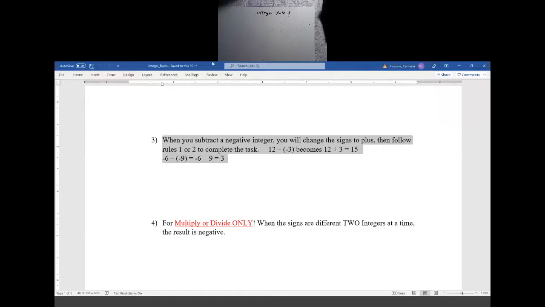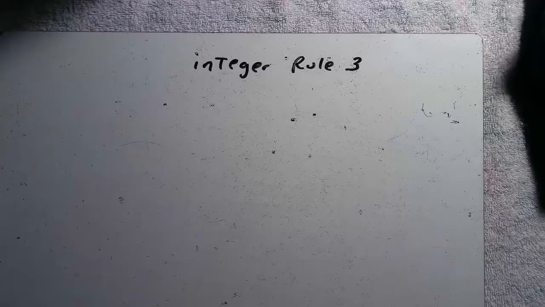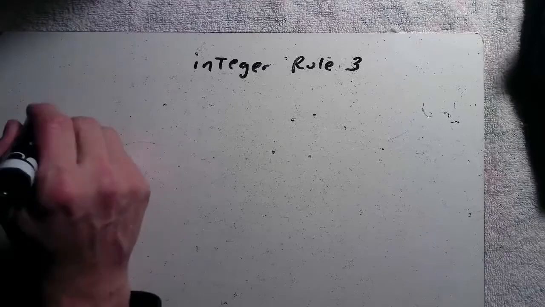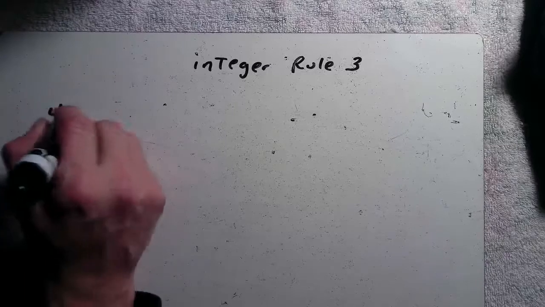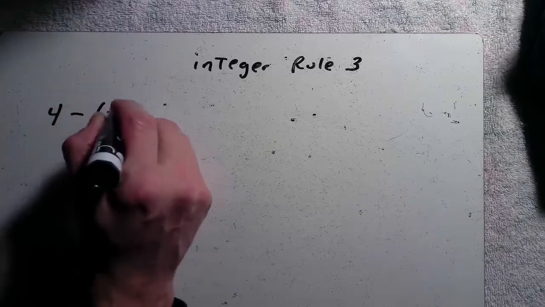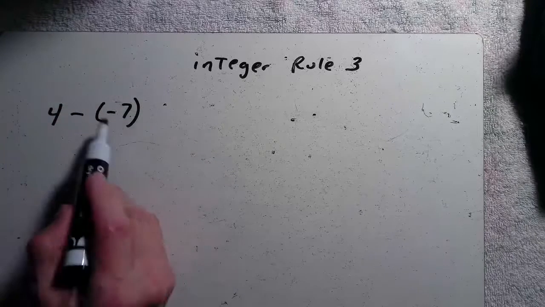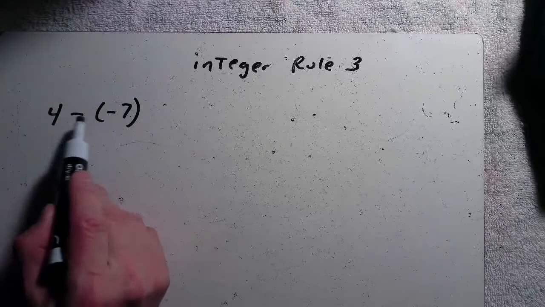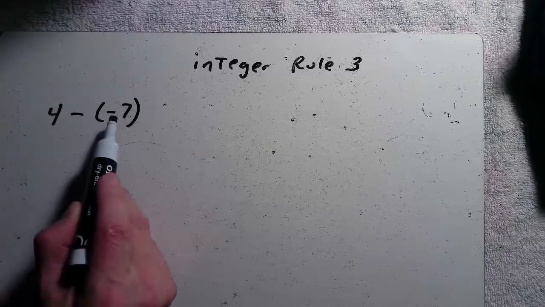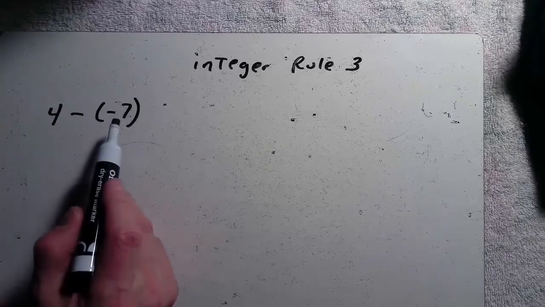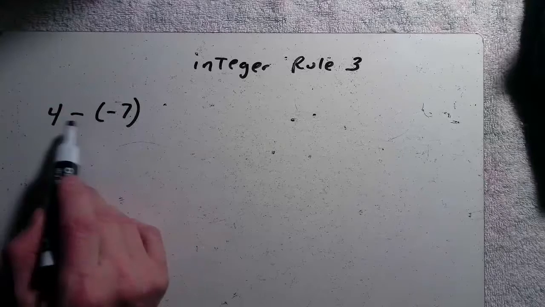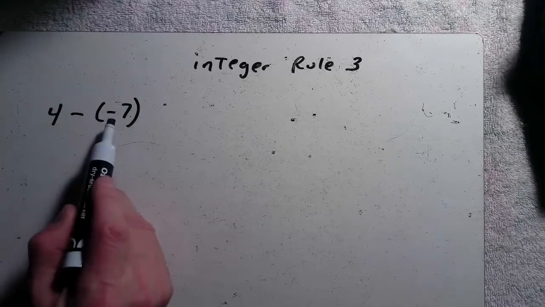Okay, let's go on and take a look at some more examples of how integer rule 3 is going to work. So again, we might have 4 minus a negative 7. Rule 3 comes in when you have this combination, subtracting a negative integer. Mathematicians came up with the notion that you cannot subtract a negative integer.